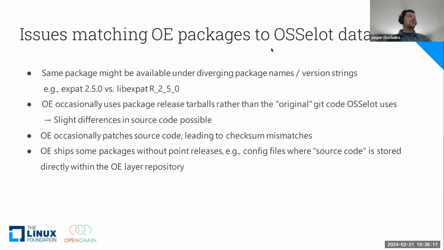This will sometimes result in slight differences in source code. Occasionally some packages will already have, for example, CMake scripts or configure scripts run. That will then lead to files not being curated by the OSSelot project.